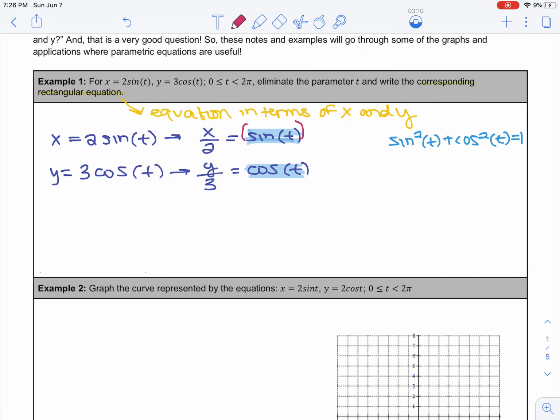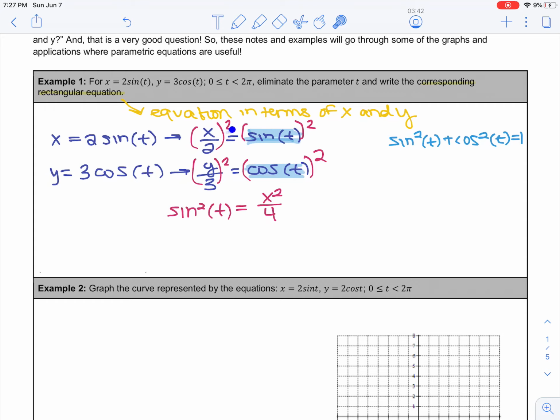So if I square this first equation and square this second equation, I find that sine squared of t is equal to x squared over 4, right? So all I've done is I've taken that first relationship, that manipulation of our parameter x of t, and I've isolated the sine of t, and now I've squared both sides.